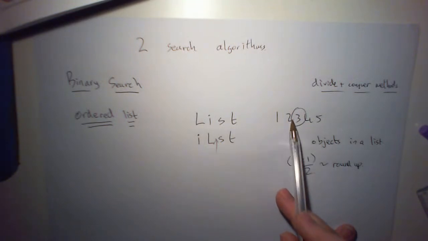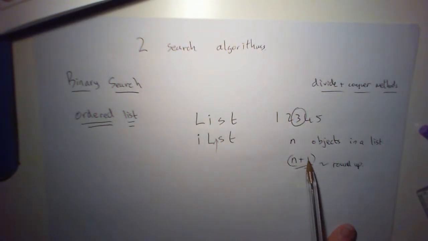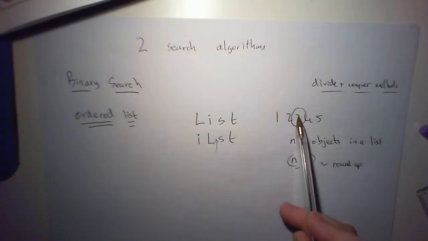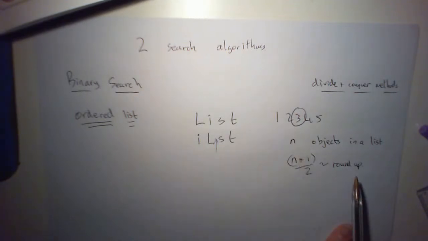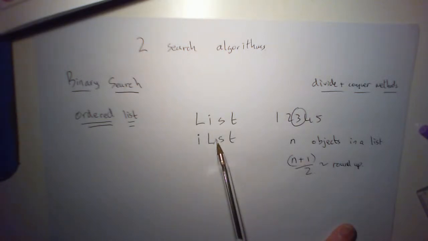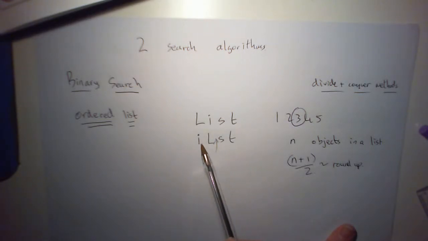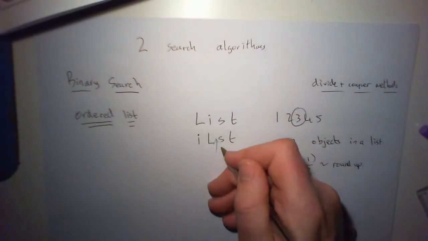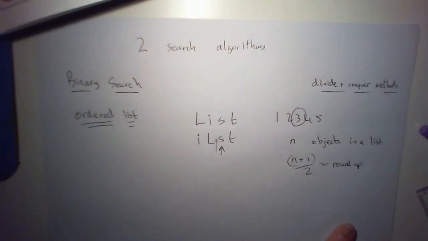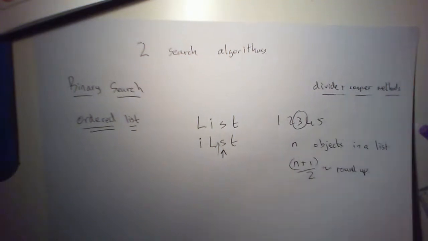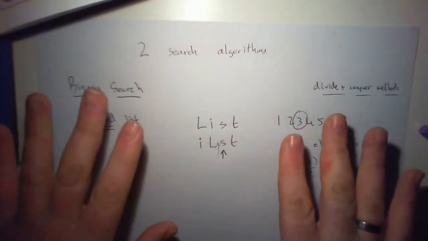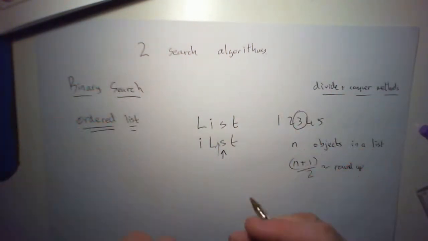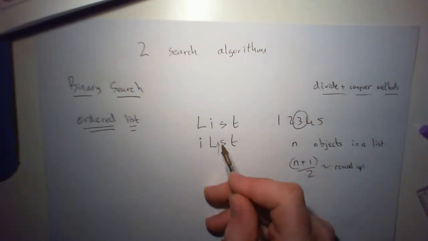In this case, 1, 2, 3, 4, 5: 5 plus 1 is 6, divided by 2 is 3. No need to round up. If it's an odd list, you're just going to round up to the nearest one. So in this case, it'll zero in on S as its middle term. It's not truly the middle term, but it has to round in on something, and by convention it's easier to round in on this one.